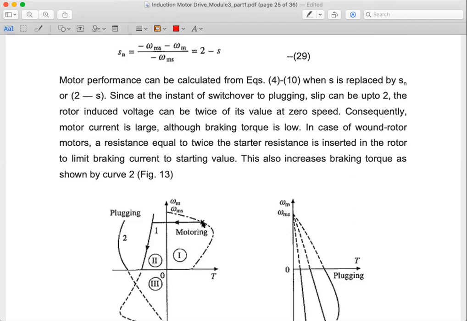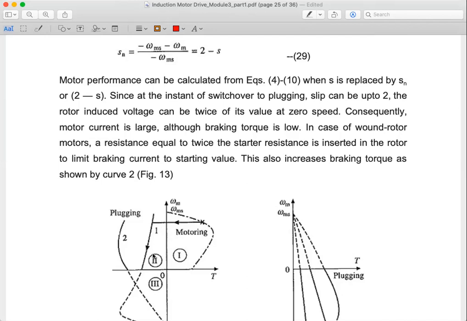What will happen is that from here it will come here and then it will follow this or this. Now, what are these two curves? When we consider this plugging, this is the graph we are getting, this curve 1.